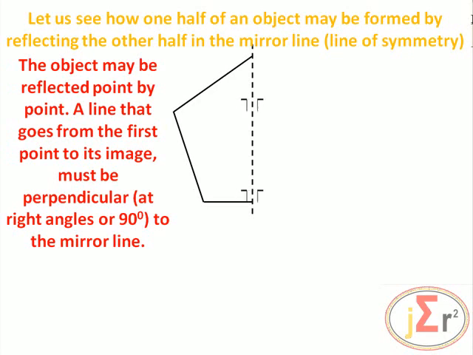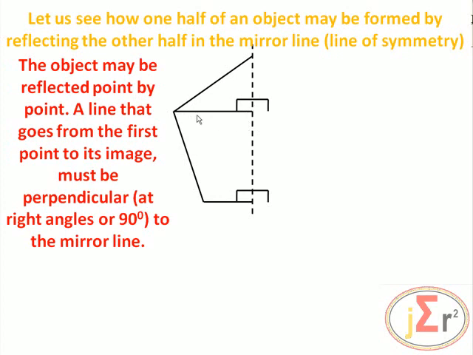So we are going to put our perpendicular constructs. The line that goes from one point, which will be this vertex here, to its image will be perpendicular to the mirror line. So notice that now this line is perpendicular to the mirror line.